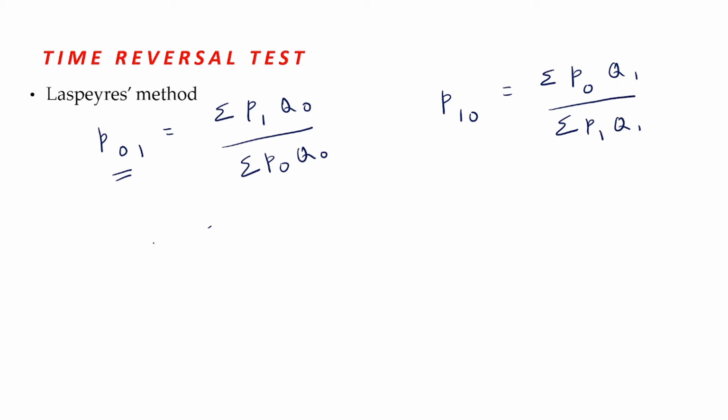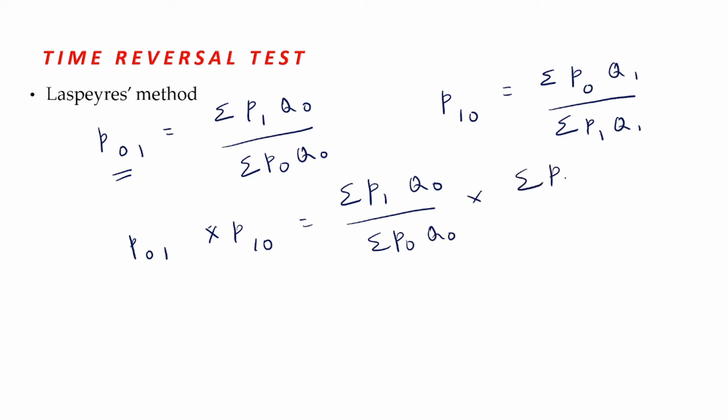Now we can see that P01 into P10 is equal to summation P1 Q0 upon summation P0 Q0 into summation P0 Q1 upon summation P1 Q1. This is not equal to 1. So Laspeyres method does not satisfy time reversal test.